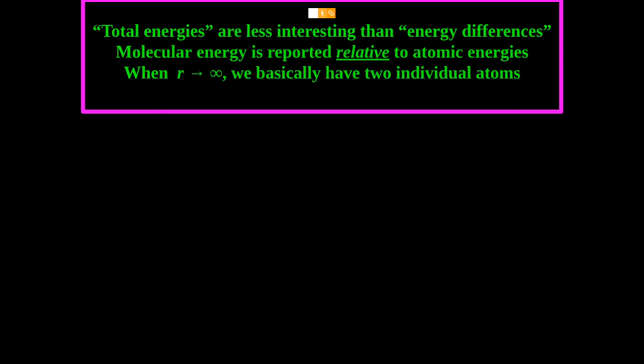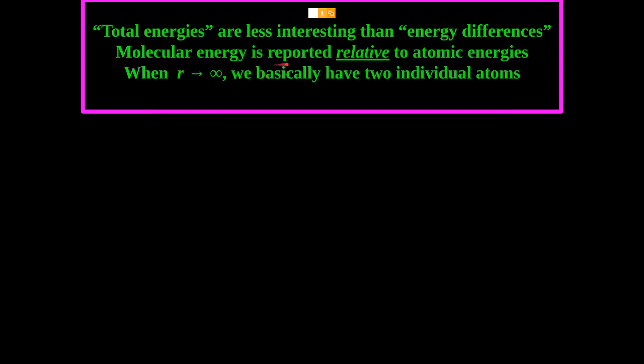Do I have more energy than Boris Johnson? Do I have more energy than Lionel Messi? You can say Lionel Messi has a lot more energy than I do. That actually means something: someone has more energy than the other person. But if you just wake up in the morning and say, I have low energy today, what does that mean? Maybe you have more energy than everyone else on the planet, but you say you have low energy. So total energies are less interesting than energy differences.